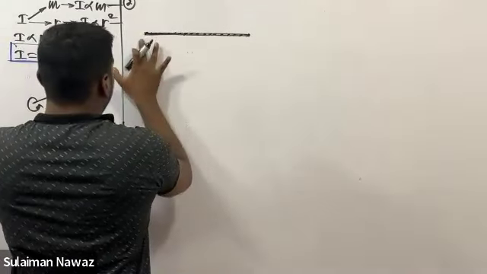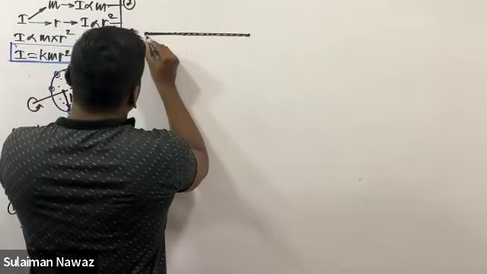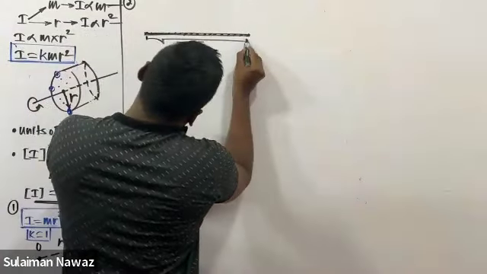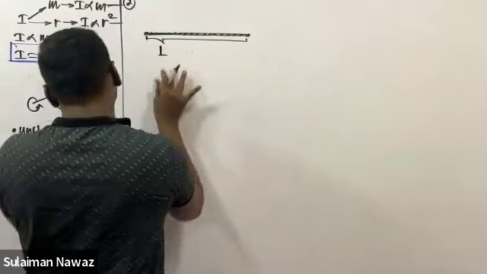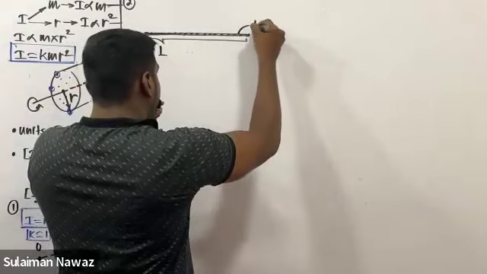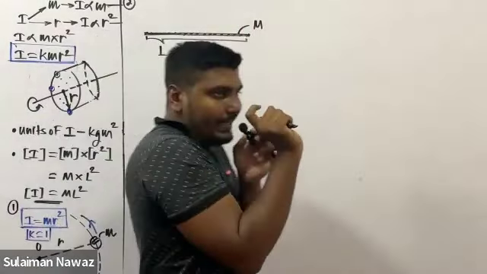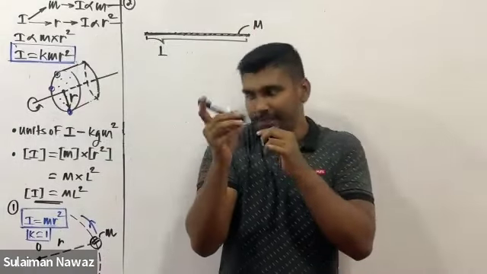Okay. Length of the rod is capital L, mass of the rod is capital M. Now this rod, you think this is my rod.